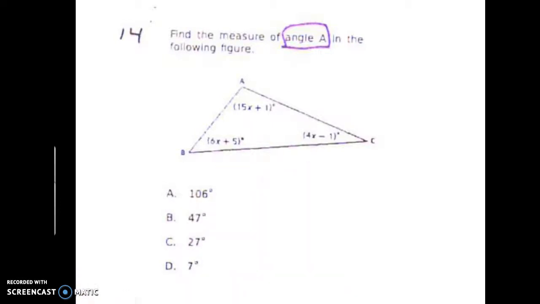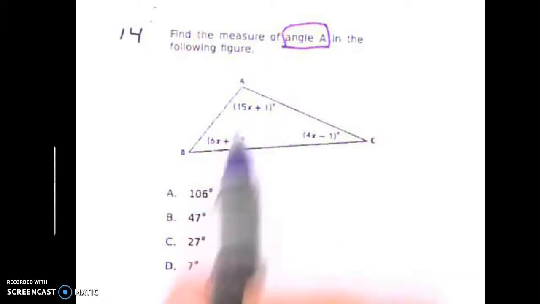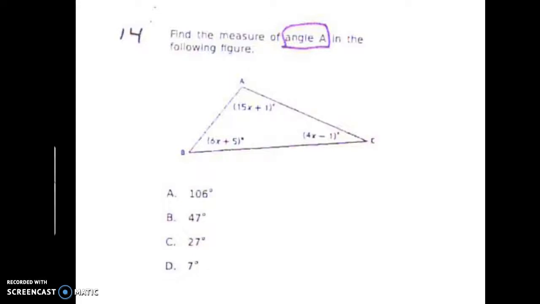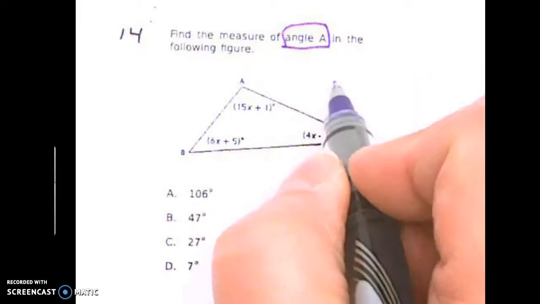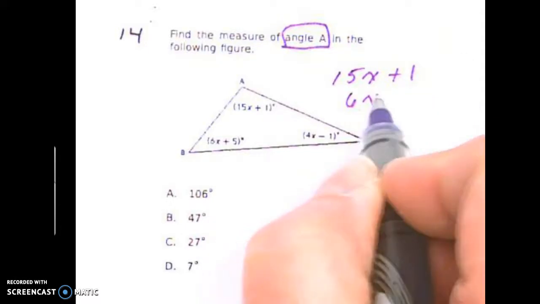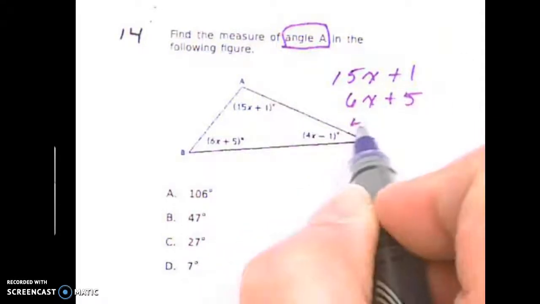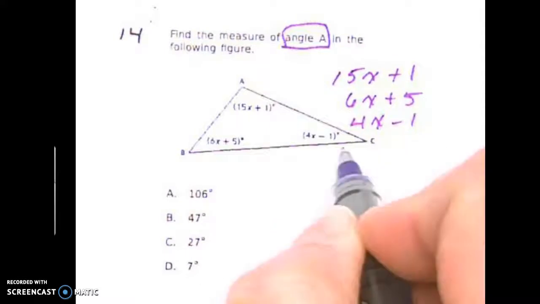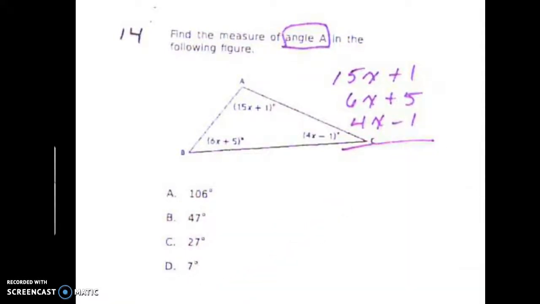I have to solve for x first, and once I find x, I can substitute it back in to figure out the measure of angle A. So I'm going to be adding my 15x plus 1 plus my 6x plus 5 plus my 4x minus 1. If I add those terms together, I want them to end up equaling 180.